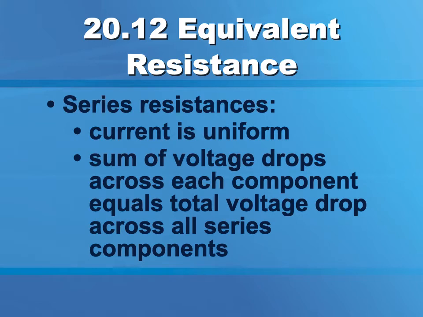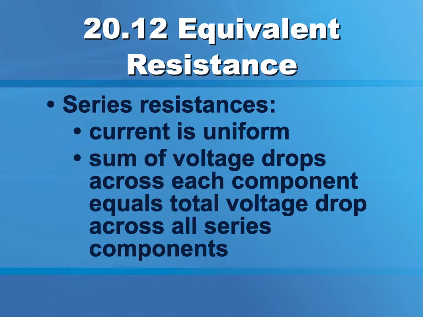And so the sum of voltage drops across each component equals the total voltage drop across all the series components. In other words, the amount of energy coming into the system, the total drop when the energy comes out of the system, it's doing that in steps from component to component to component. You add up all the components, and that gives you the total voltage drop across the whole system.